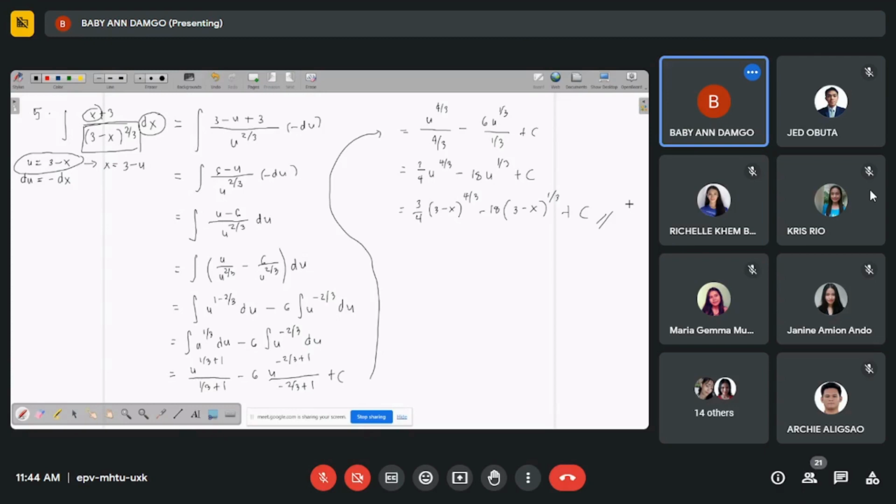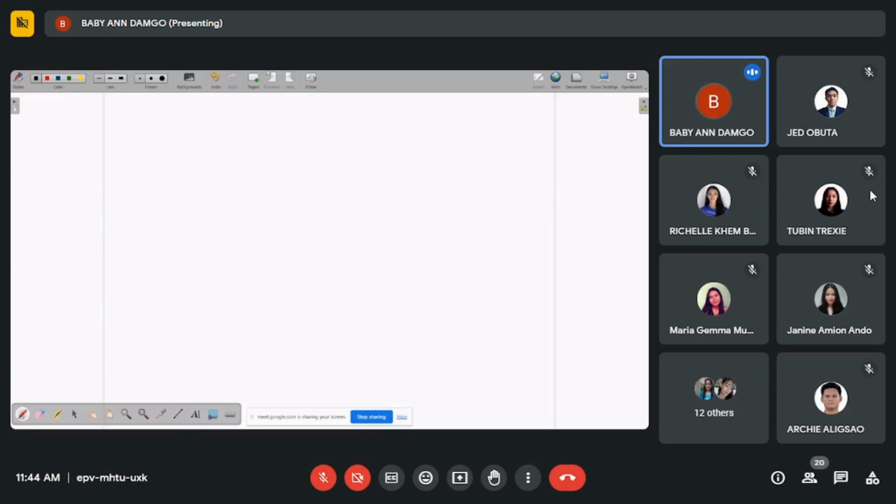Okay. So another practice. So this is the last for today. So we have here the integration of x cubed dx all over (x squared plus 4) to the power of 3 halves.